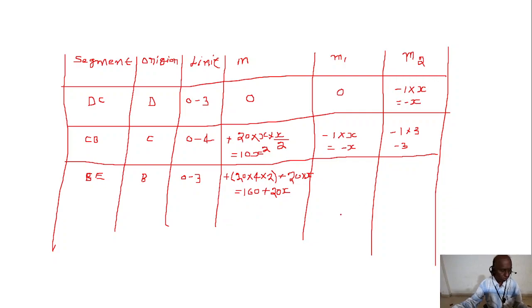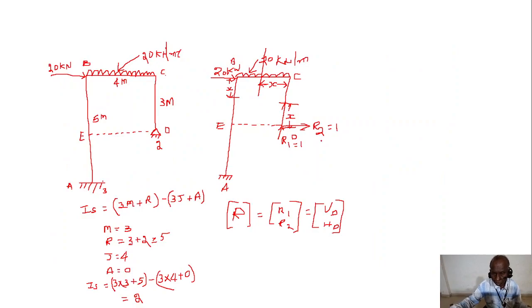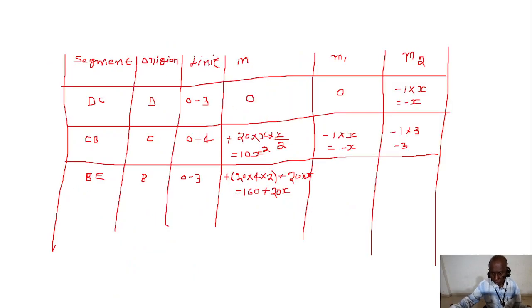Next, due to unit load of R1. What is the unit load? 1 into the moment, so 1 into 4.